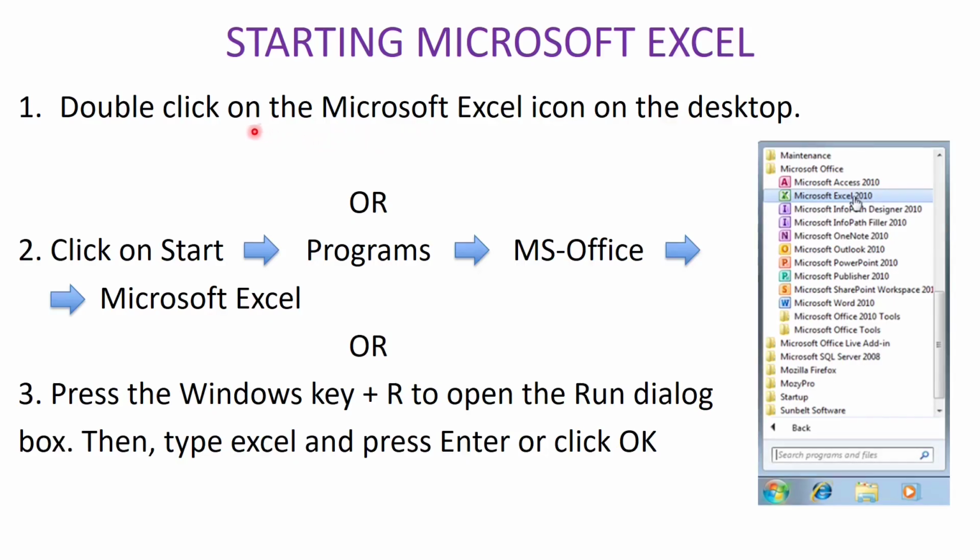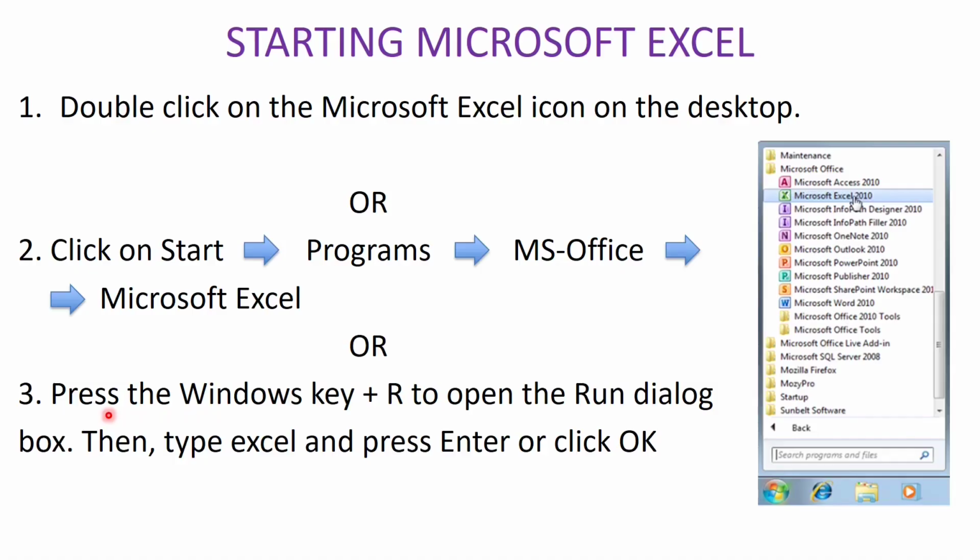The first one is by double clicking on the Microsoft Excel icon, which is available on the desktop if a shortcut is created. Or you can also open Excel by clicking on the start button, navigating to all programs, going to the Microsoft Office folder, and clicking on Microsoft Excel to open the spreadsheet application.